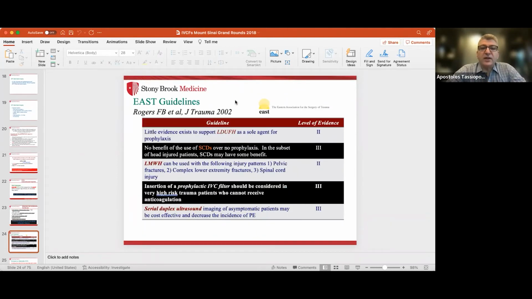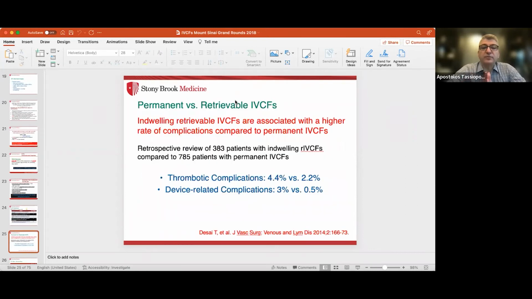These are the EAST guidelines, the trauma guidelines that I mentioned before. And if you see there, on the black line at the bottom, it says that insertion of a prophylactic inferior vena cava filter should be considered in very high-risk trauma patients who cannot receive anticoagulation. Now we've gone a little too far in this patient population.